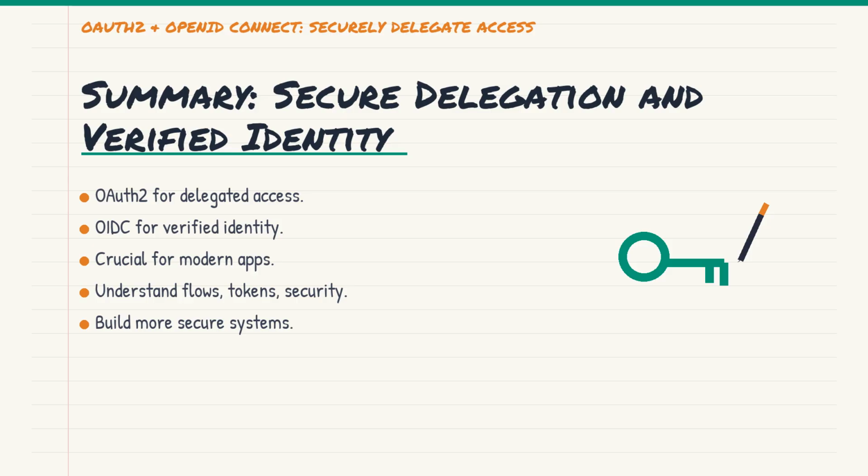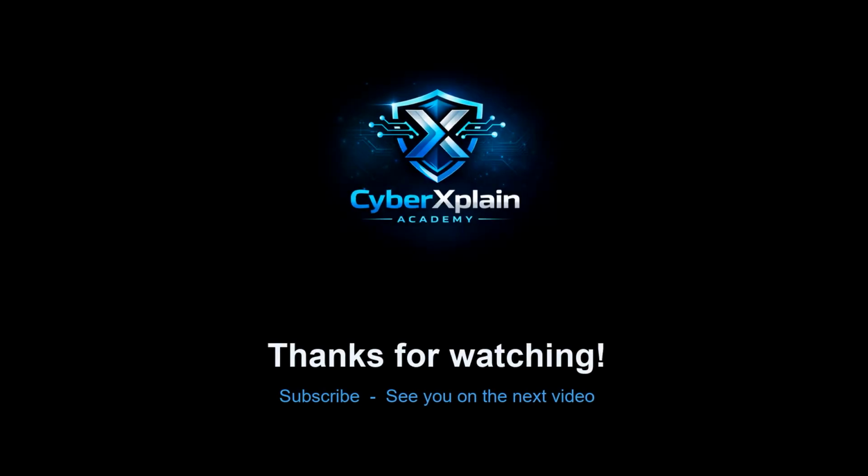Together, they form the backbone of modern secure authentication and authorization for web, mobile, and API interactions. By understanding these protocols, their flows, and their security implications, you are well on your way to building more secure and robust applications.